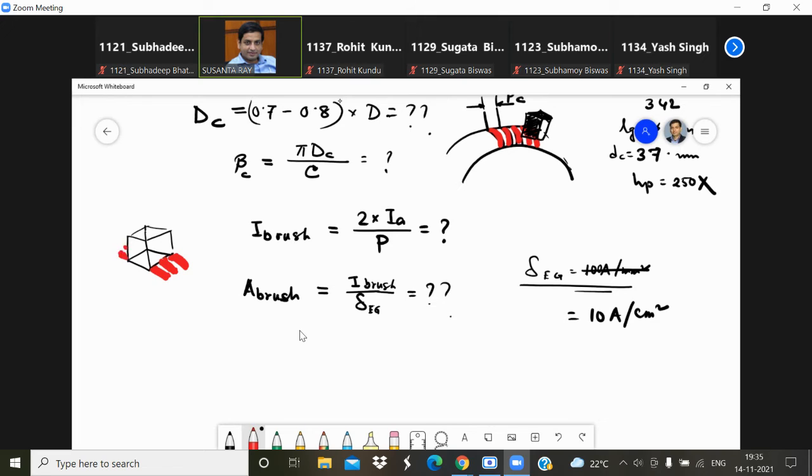Okay. Got my point? So what will be the thickness of the brush then, if we have 2.5 to 3 commutator segments under each brush?